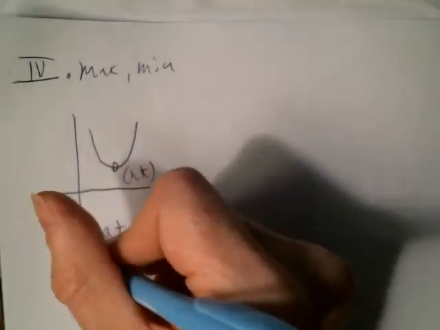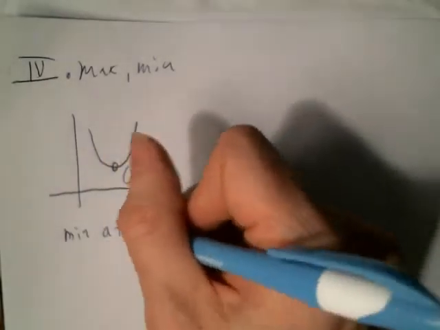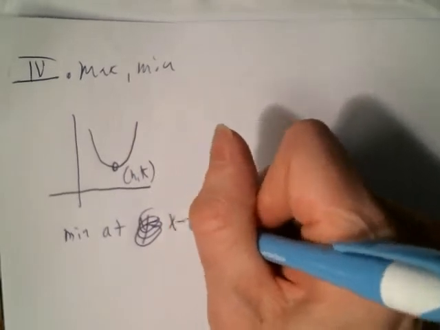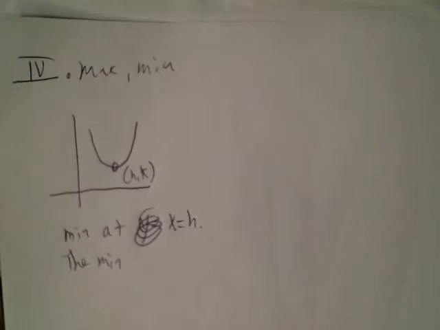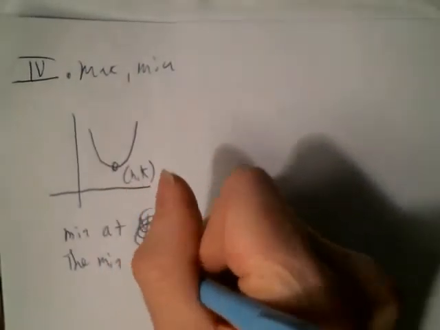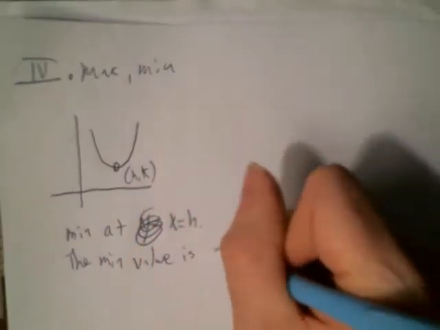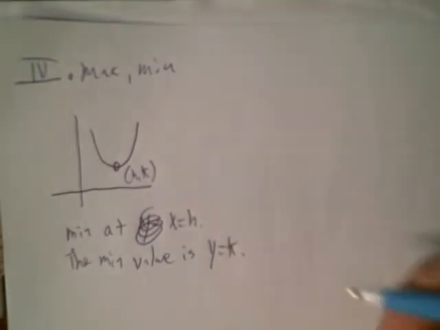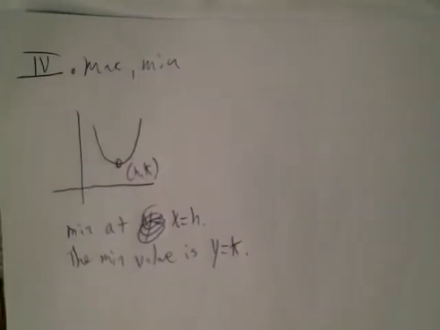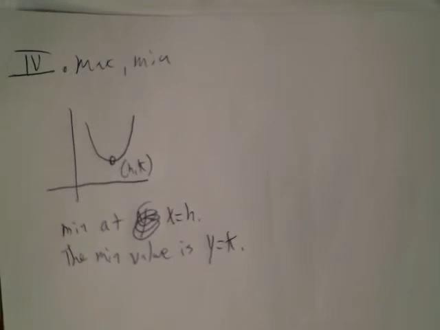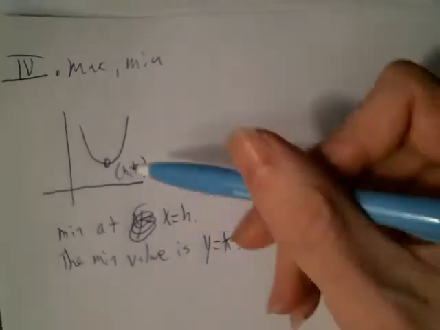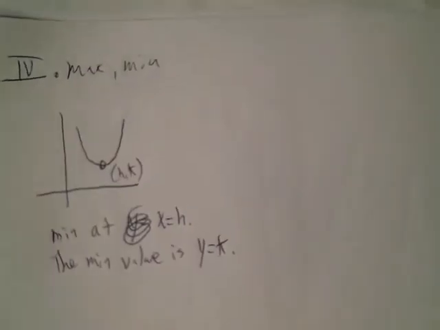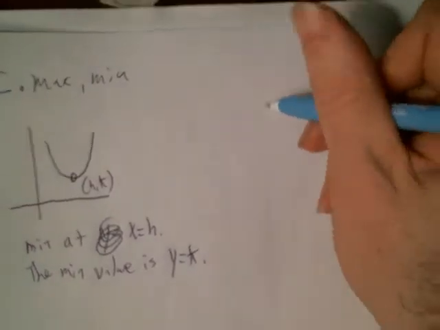So the min will take place at the x value. So there's a min at x equals h. The min value is the y value. So whatever the k coordinate is, we saw it in the range, it'd go from k to infinity, right? So that would be a min value on the graph.